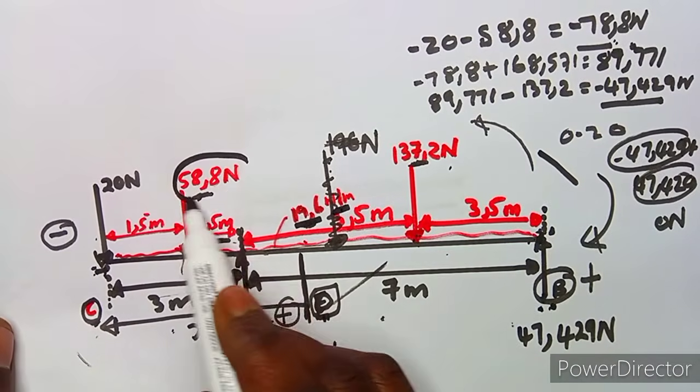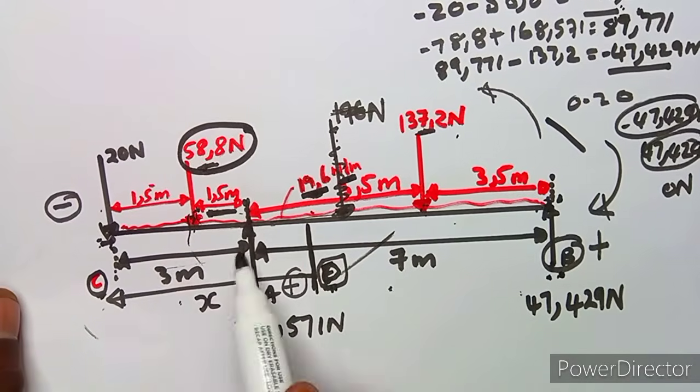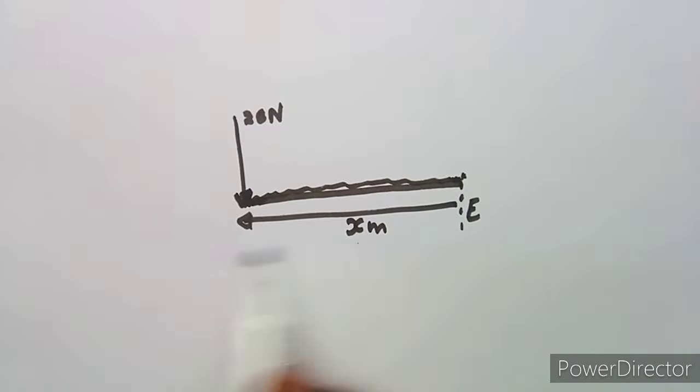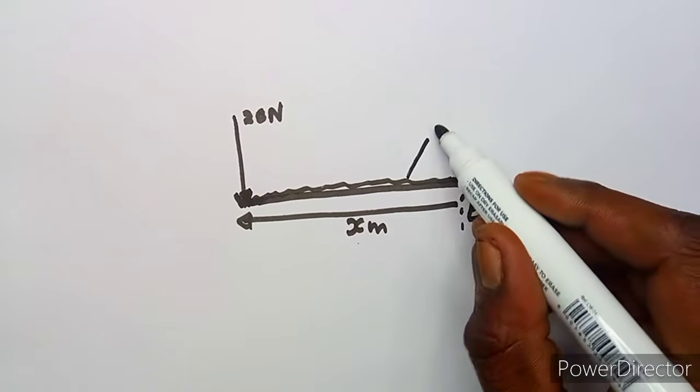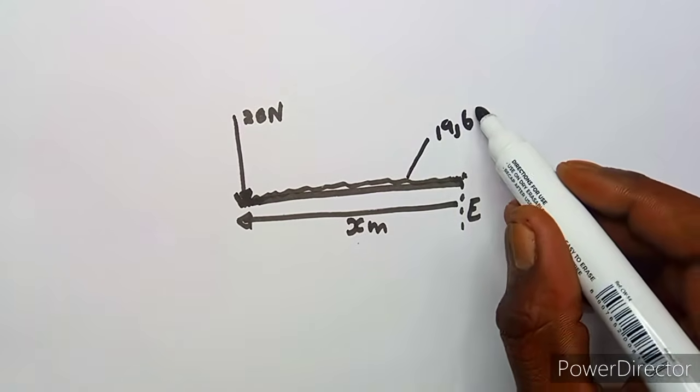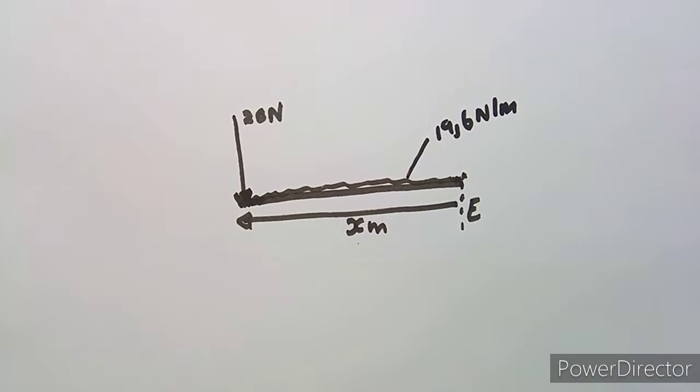We are no longer working with this 58 because that was in between 3 meters. This time we do not know the distance, but the only thing we know is that there is 19.6 Newton per meter here. So how can we calculate the value of x? This is the question.